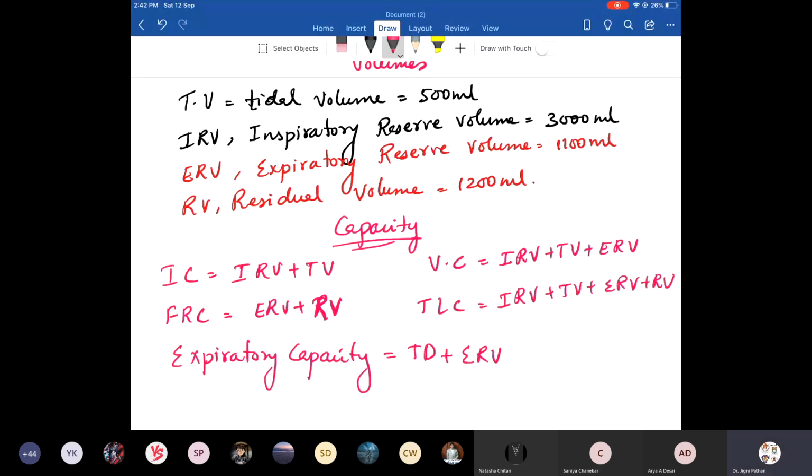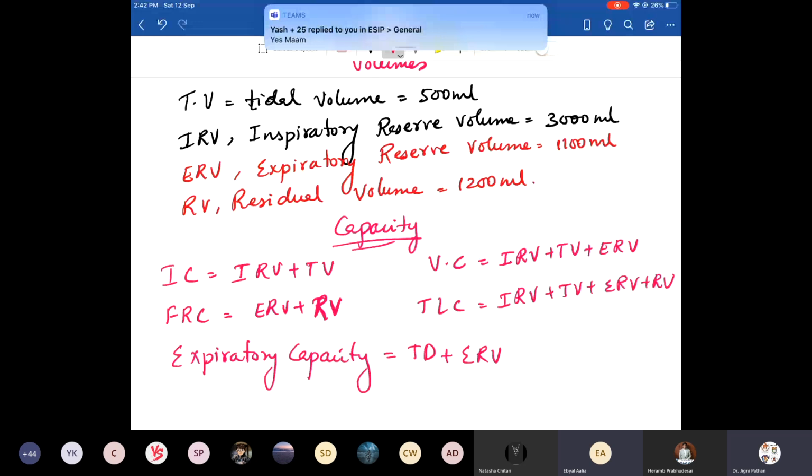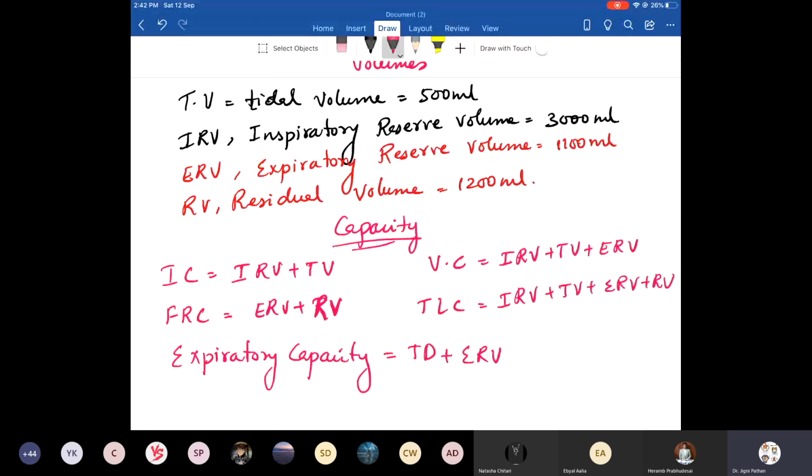Others, are you done writing? Quick. Just a second, ma'am. Okay, fine. Somebody told me to wait a second, so let us wait. Everybody look at this and then look into the diagram.